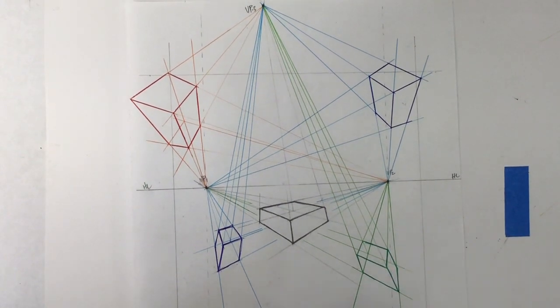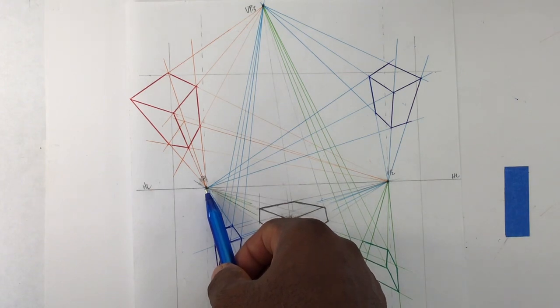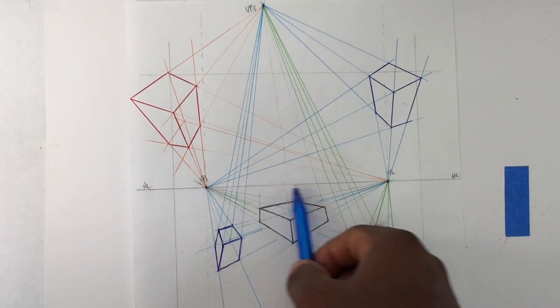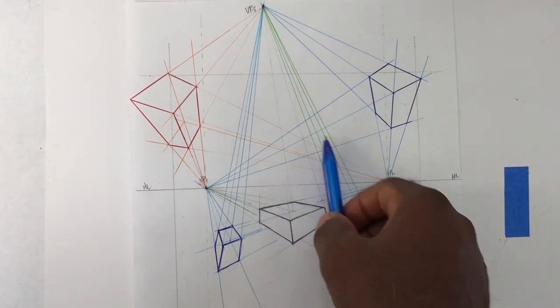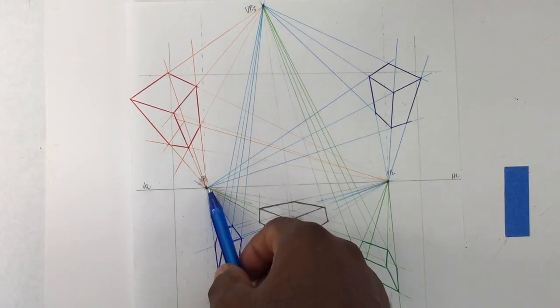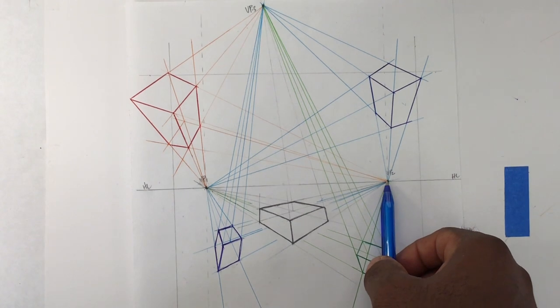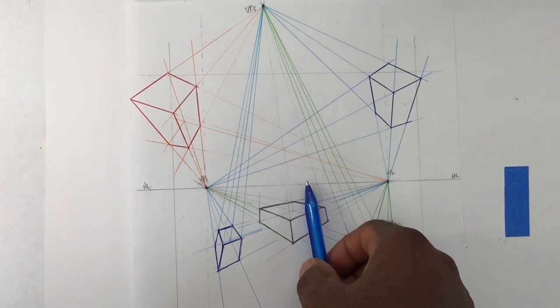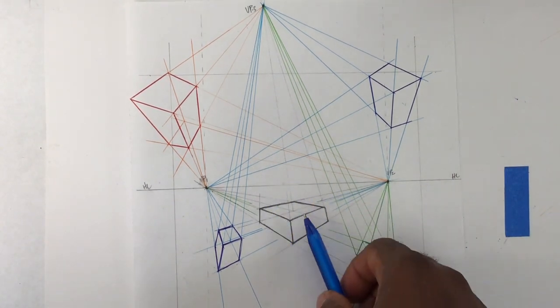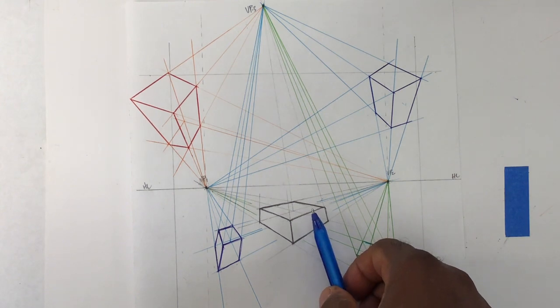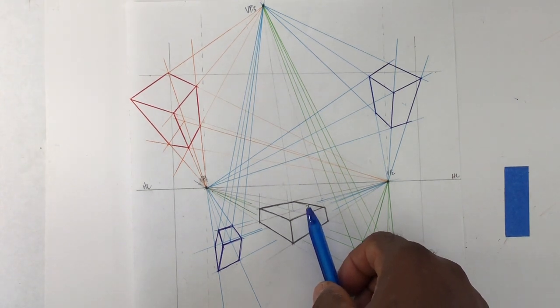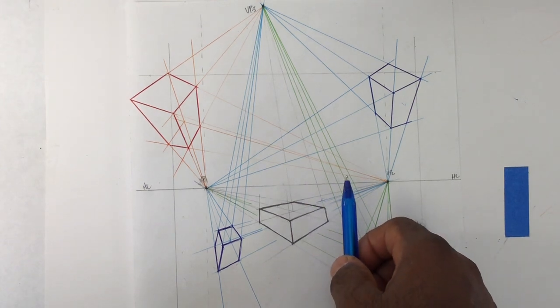Okay, so what we've established is that all the content that is drawn and constructed and built within the space between the two vanishing points is basically normal, undistorted. It's not affected by distortion. And if it is, that distortion is minimal.